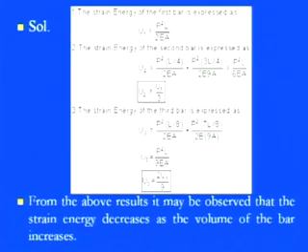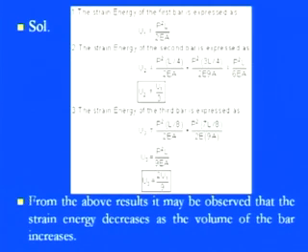So U3 is nothing but 2 by 9 U1. So if you again reduce the length with the changing diameter, we find that with the increasing diameter, the total energy stored within that element under the same load application is reduced to 2 by 9.